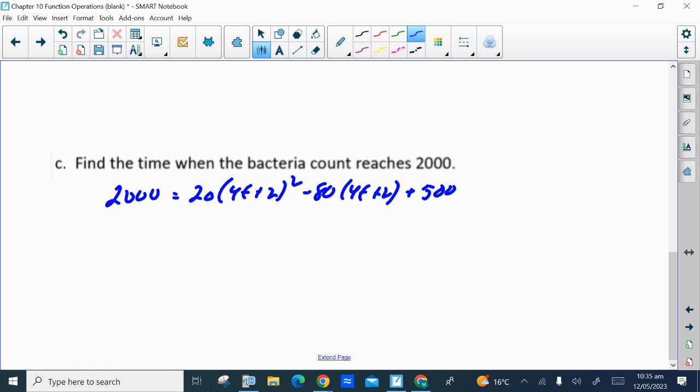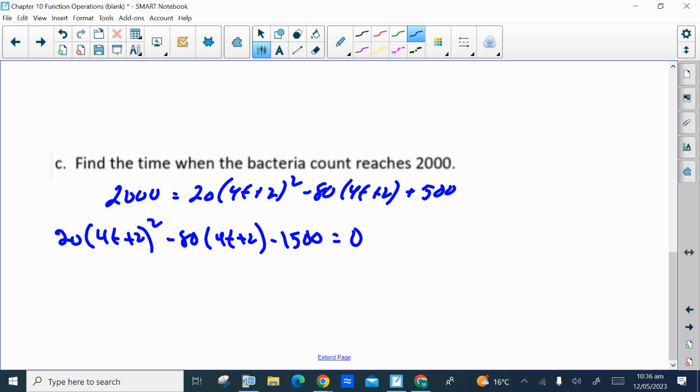We can subtract the 2,000 from both sides to make it equal to 0, which will give us minus 1,500 on the right when you subtract 2,000 from both sides.